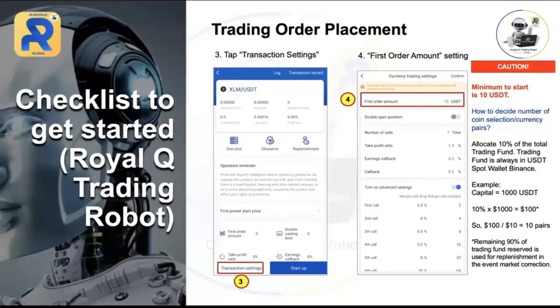But in the wallet management, I did mention to you, yes, you can do 10 pairs, but it is always wiser to go for 5 to 6 pairs first before going for a maximum of 10 pairs. Now, the remaining 90% of the trading fund, which is $900, is kept as reserve, which you will use for auto replenishment or manual replenishment.